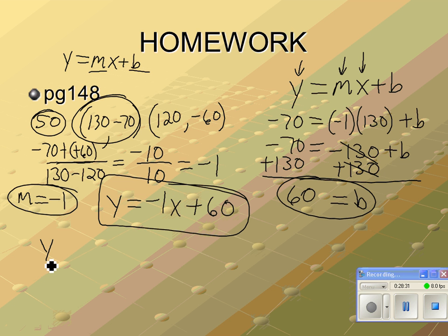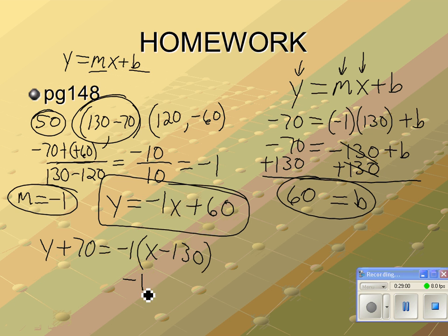Now, I could have stopped right here instead of going through this over here. And again, it's up to you, whichever way you do it. Could have picked a point, wrote it in point slope form. It'd be y plus 70 equals negative 1 times x minus 130. The only problem with that is you write it in point slope form, then they wanted it in slope intercept, so then you got to change it over.